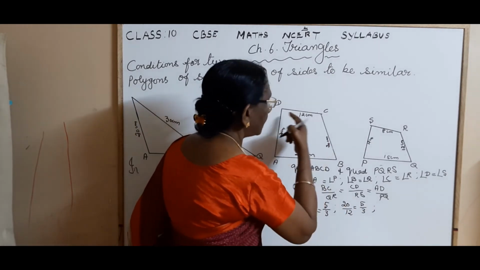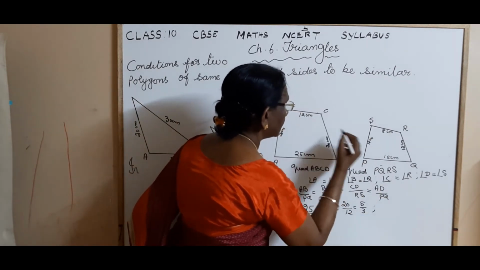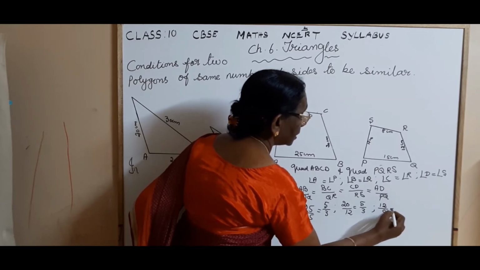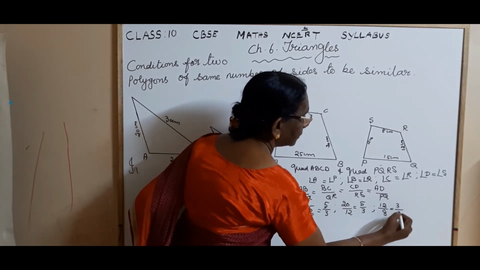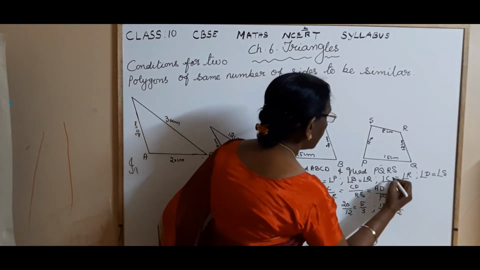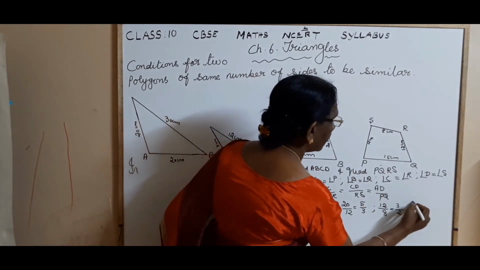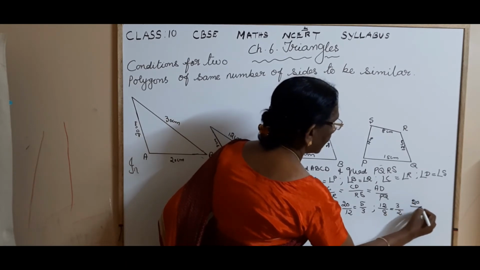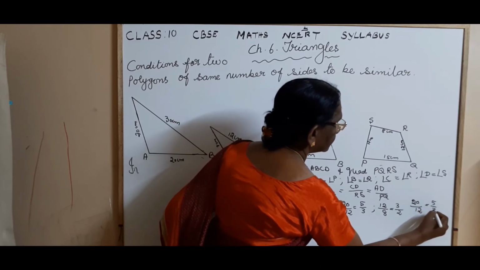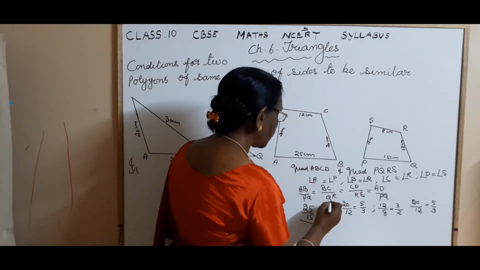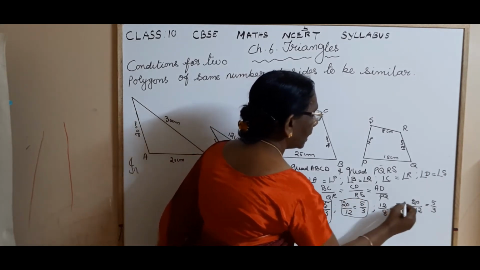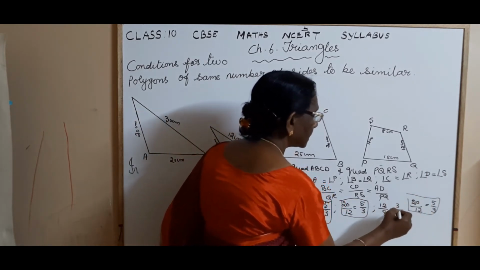Then CD by RS. What is 12 by 8? That is 4 3s are 12, 4 2s are 8. And AD by PS is equal to again 20 by 12. That is equal to 5 by 3. So all these are, you may wonder, 5 by 3, 5 by 3 and 5 by 3. Only this is 3 by 2.